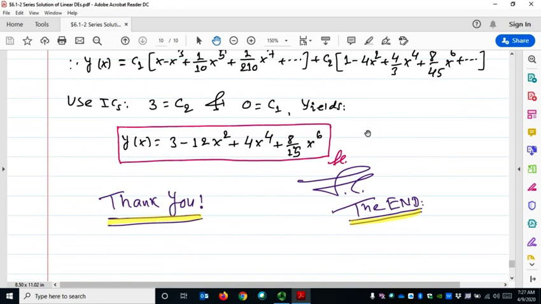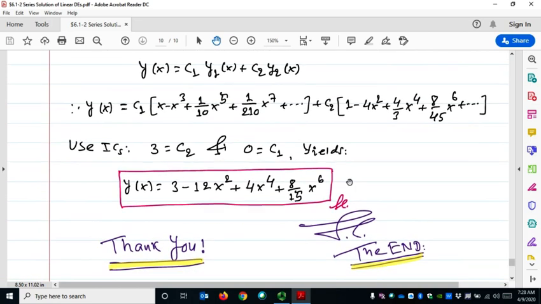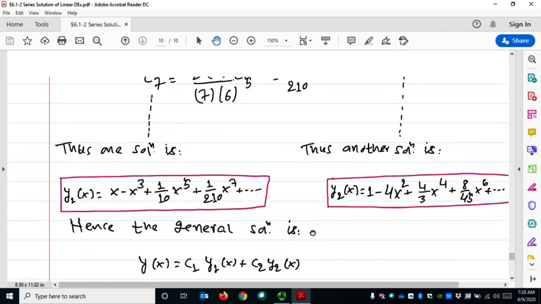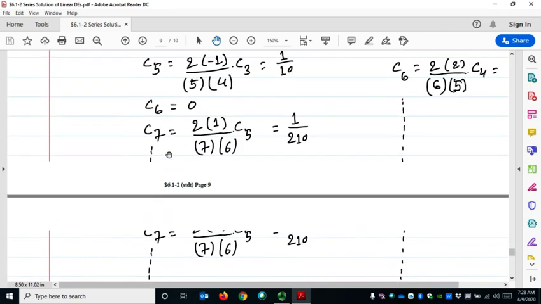Let me make one more final comment here. There is absolutely no way to know a priori how many terms you need to compute before obtaining the required non-zero terms. We don't know in the beginning. Some terms are zeros, some terms are not. For example here, all evens are zeros.